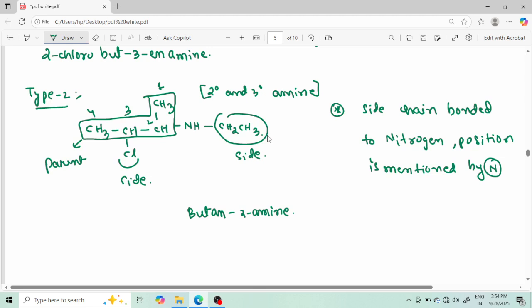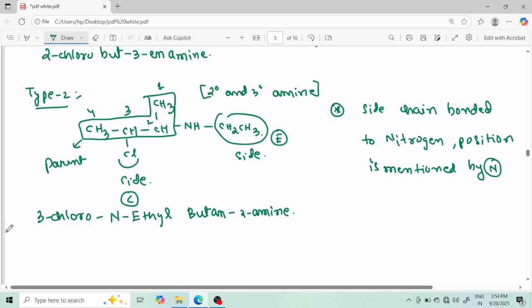Whenever more than one side chain is given, you have to arrange them in alphabetical order. This one is chloro and this one is ethyl. Which comes first alphabetically? Chloro. So I write 3-chloro, and for this ethyl, since it's bonded to N, instead of a number I specify N, and then I write N-ethyl butane-2-amine.